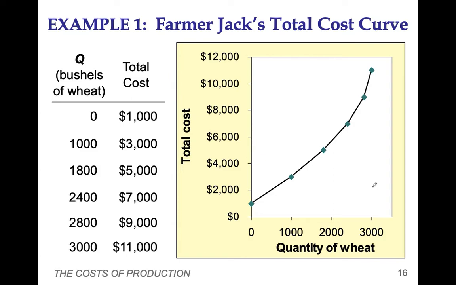So if we try to draw the total cost curve, we draw in this plane of total costs and quantity of output the curve of total cost. It has this shape.